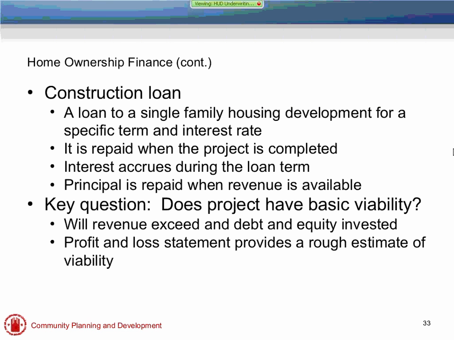That should say both instead of and. The profit and loss statement is going to give us that rough estimate of that viability. And this, again, runs fairly parallel with the idea of the rental housing when you're looking at the viability of these projects and looking at the actual loans and how they're paid off from construction to a permanent loan.